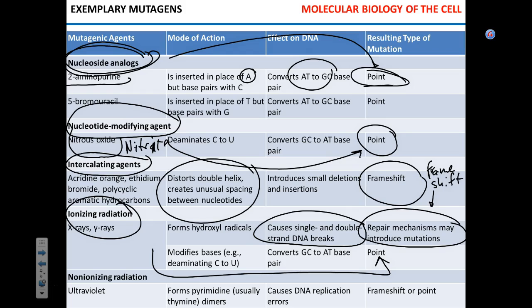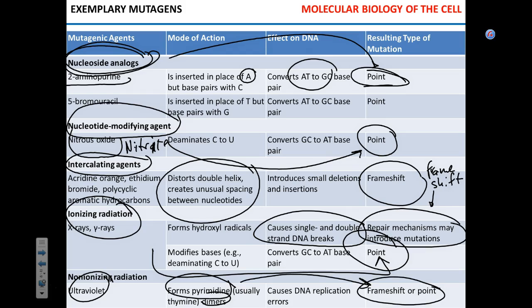I try to circle and highlight what you need to know exactly, what I'm going to ask. And finally, ultraviolet non-ionizing radiation leads to the formation of pyrimidine dimers, which then lead to frameshift or point mutations.